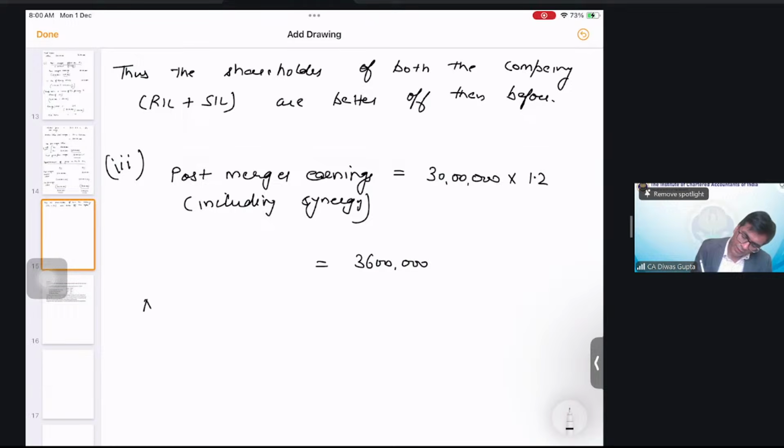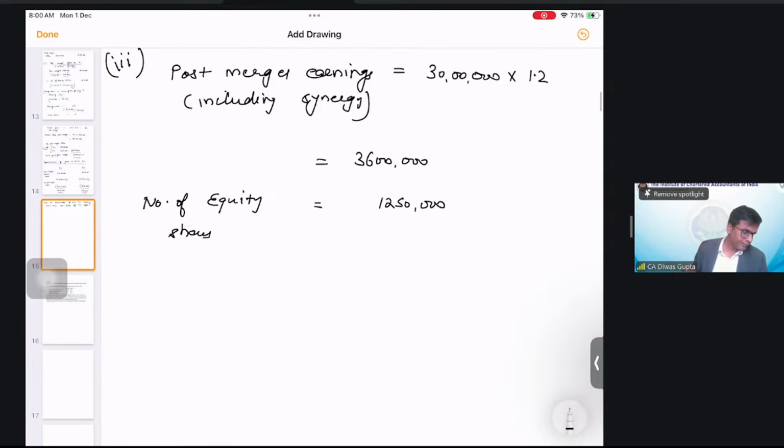Number of equity shares will remain same, 12,50,000. The EPS will be 36 lakh divided by 12,50,000. Correct? 2.88.